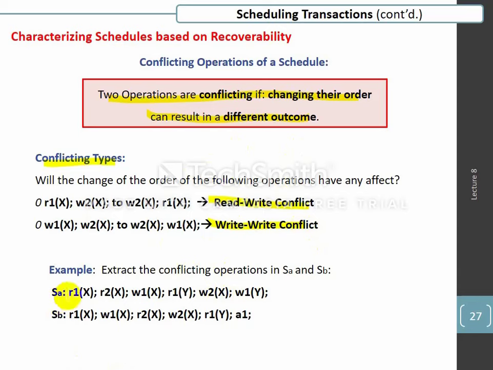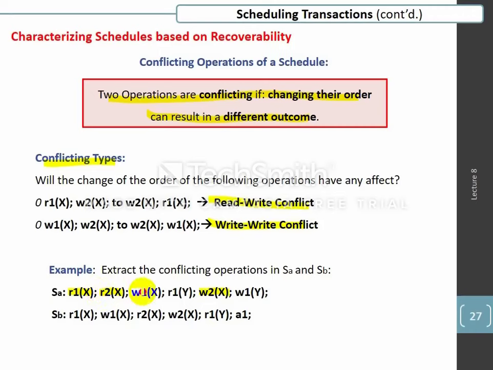SA: the first thing is read 1x; we search for write 2x. This is a read-write conflict. Here write 2x, we search for read 1x.